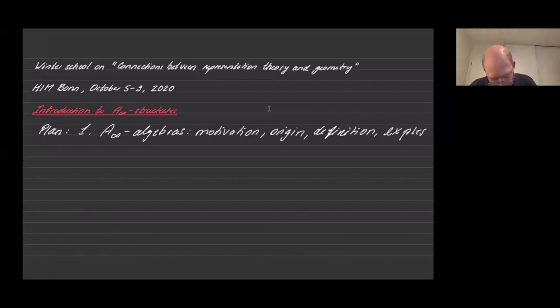Then in the second lecture, probably I will speak about minimal models, which are fundamental. Then I will introduce morphisms between A-infinity algebras, discuss units, and briefly introduce A-infinity categories, which will be an easy generalization.